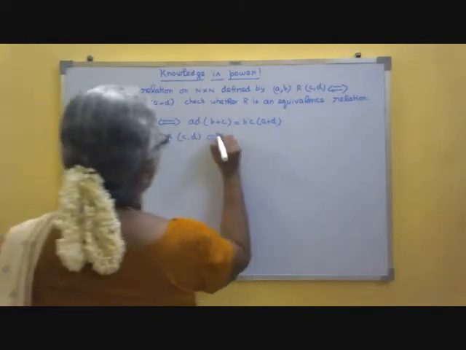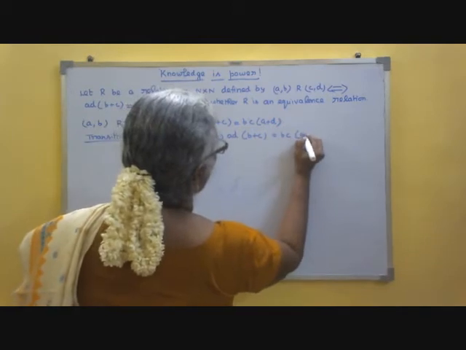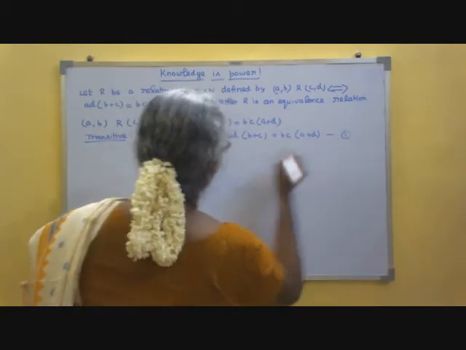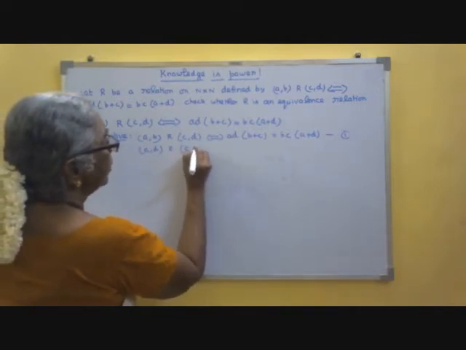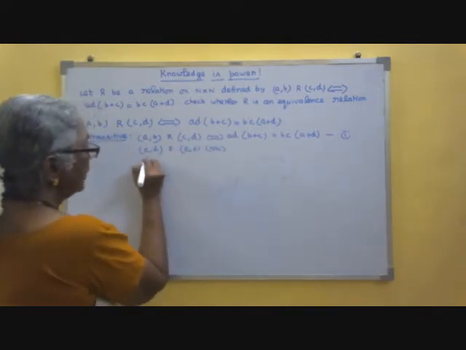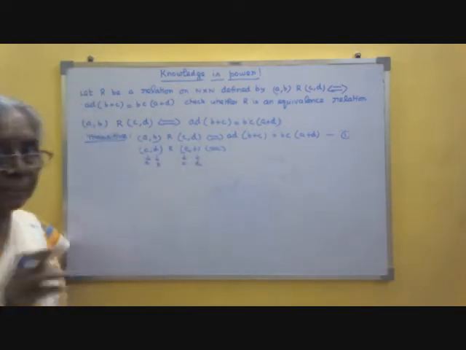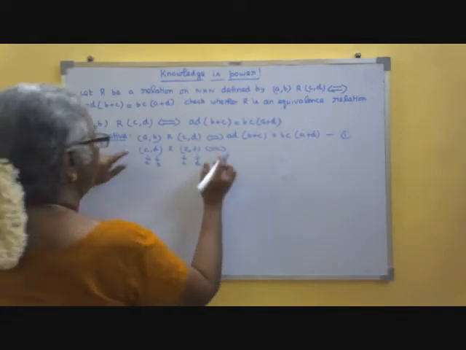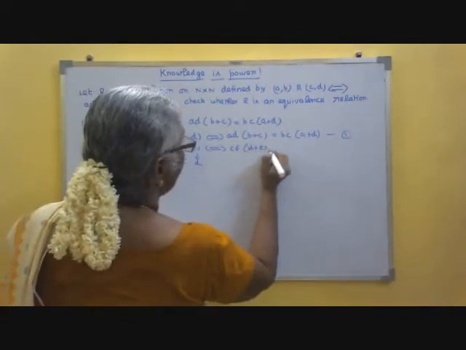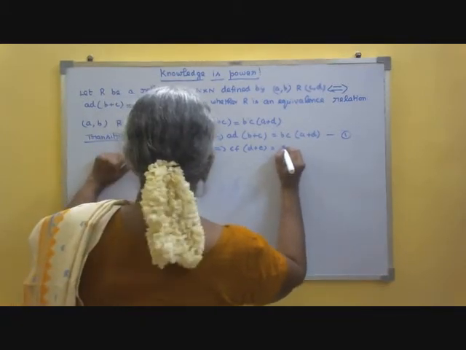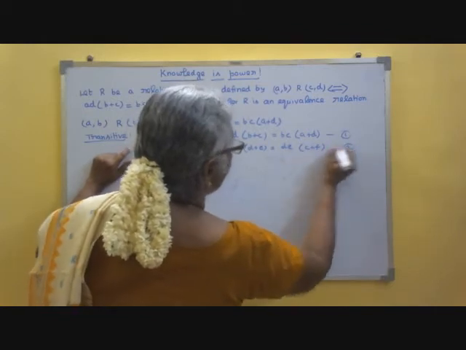You know AD(B + C) = BC(A + D), we will call it 1. Second, you also know (C, D) related to (E, F). Remember, this is like A, this is B, this is C, this is D. So now use the same thing, you will get CF(D + E) = DE(C + F). Call this 2.